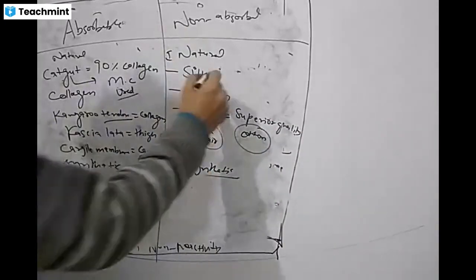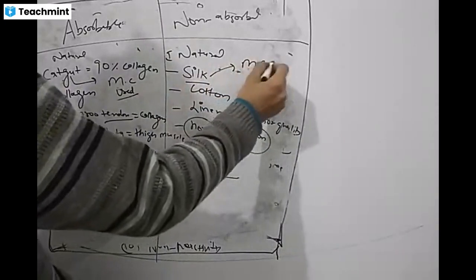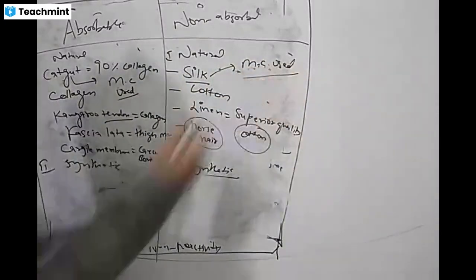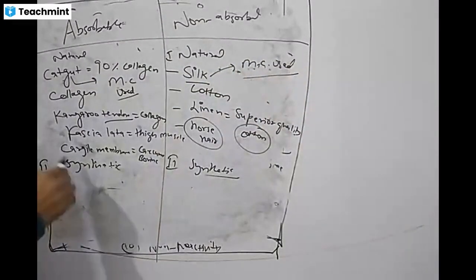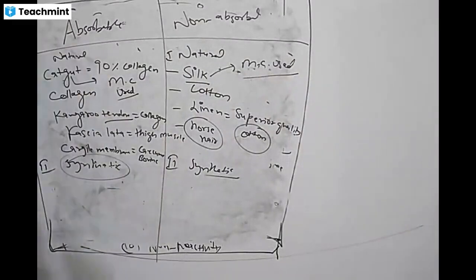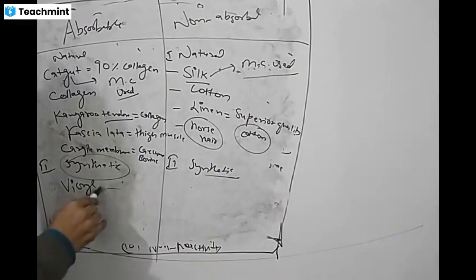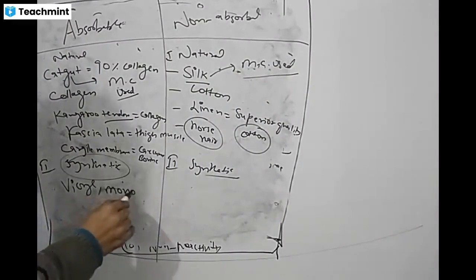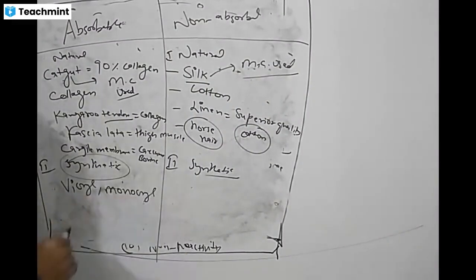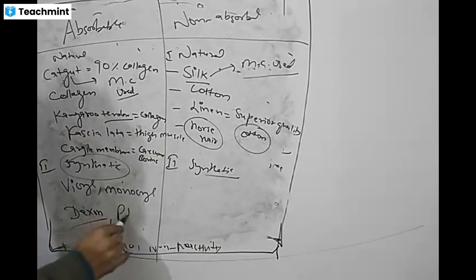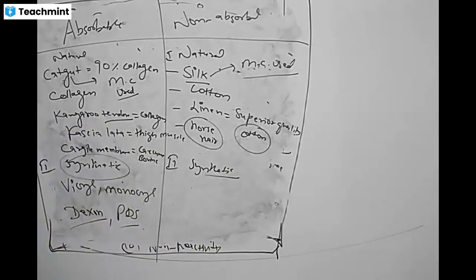Out of these four, silk is most commonly used. If you look at the absorbable synthetic ones, they are Vicryl, Monocryl, Dexon, and PDS, polydioxanone.